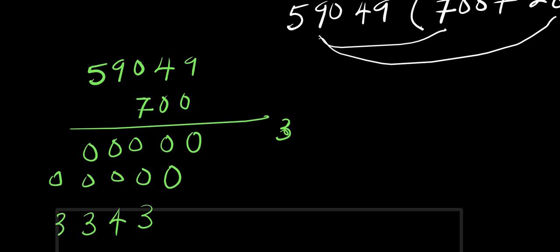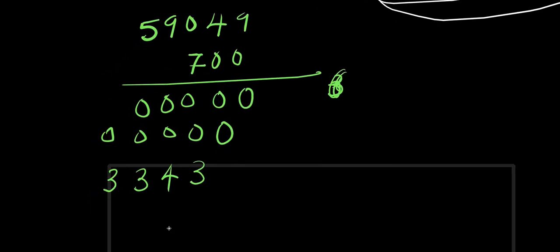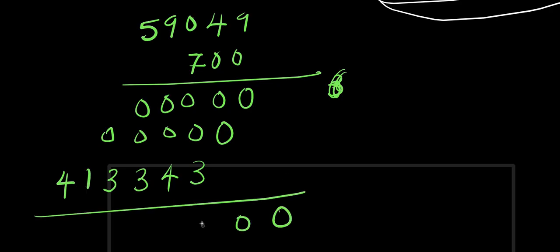So we have 3 and carry over 6. So 7 times 5, that is 35. 35 plus 6, that is 41. We add up, this is 0, 0, 3, 4, 3, 3, 1, 4.